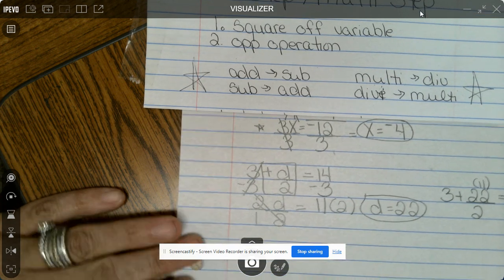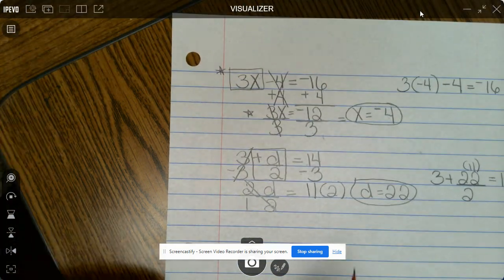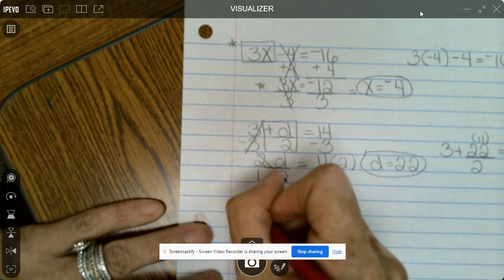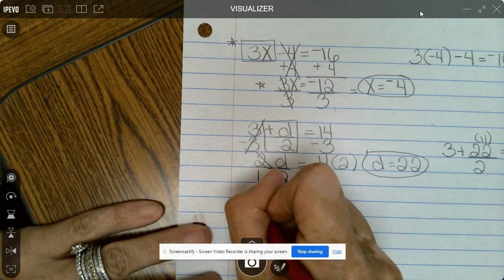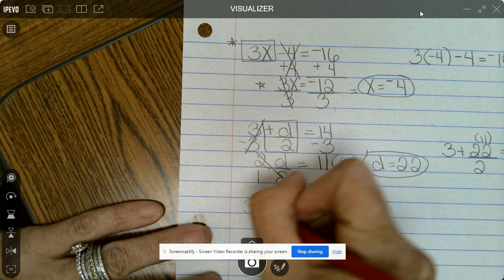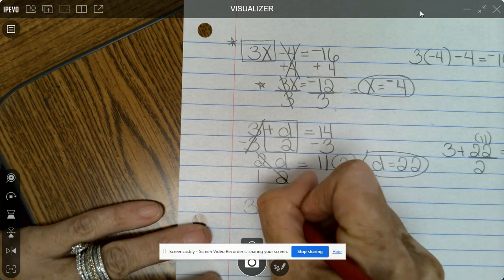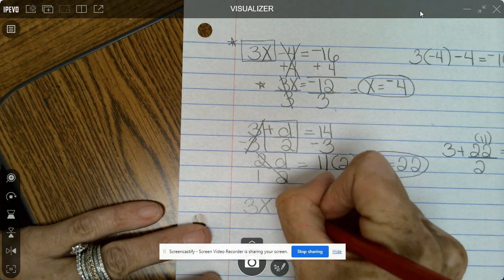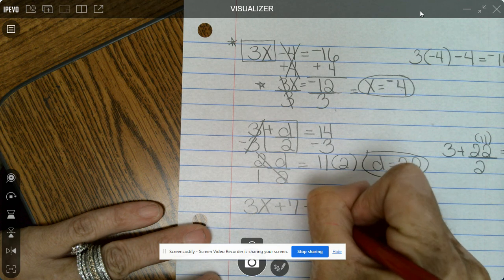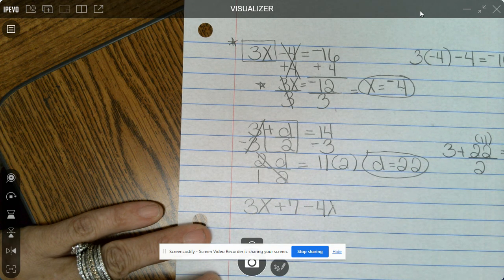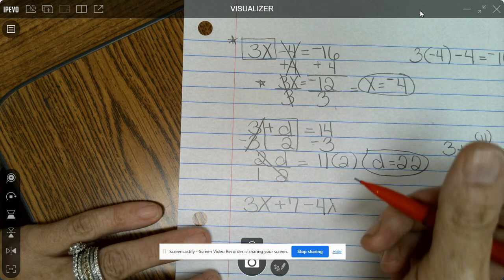Now, if you wanted to look at combining like terms, which is still a multi-step, we could do 3x plus 7 minus 4x equals 9.